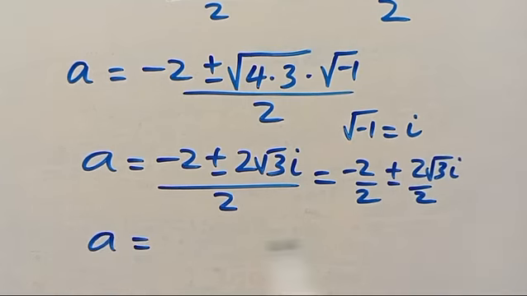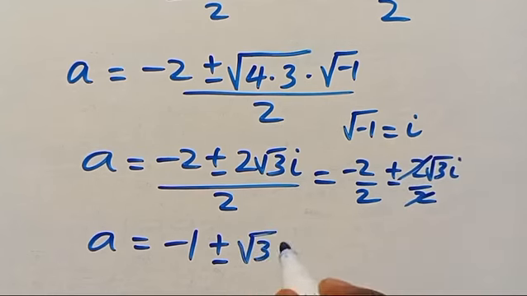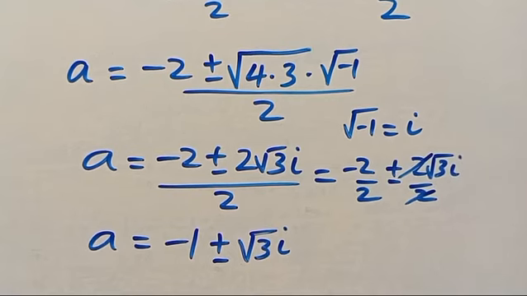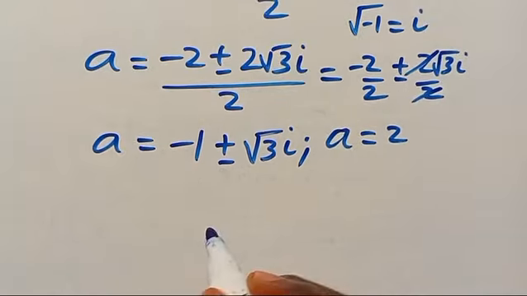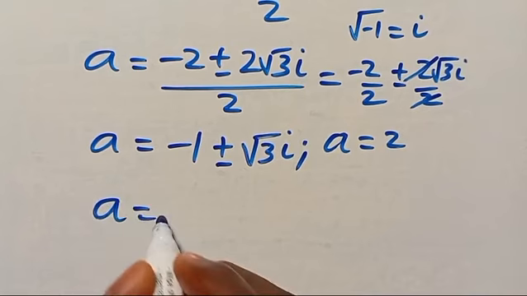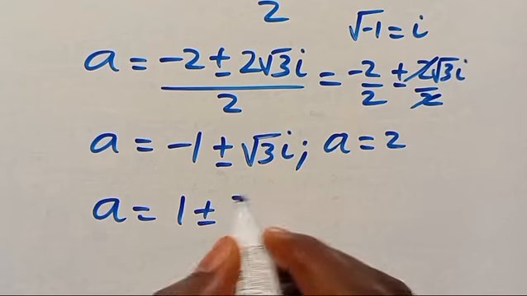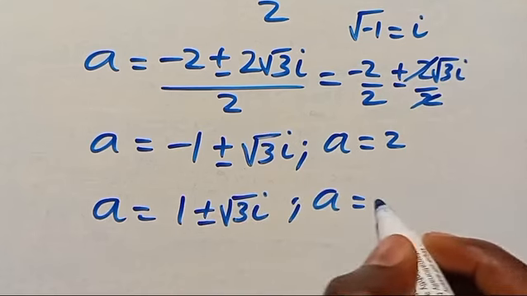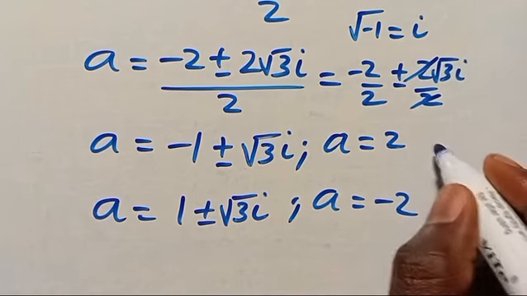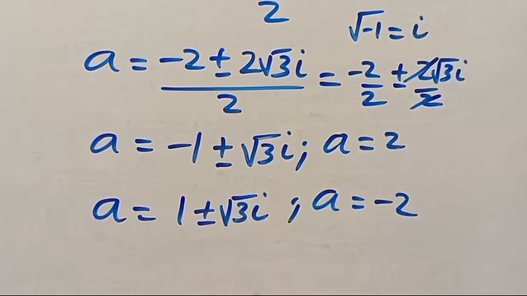So we have a, minus 2 divided by 2 will be minus 1, positive or negative, and this divided by this will give us 1, multiplied by root 3i. Then we also have a equals 2. So note that we also have a equals 1, positive or negative, root 3i, then a equals minus 2. These are the real solutions, while these are the complex solutions.